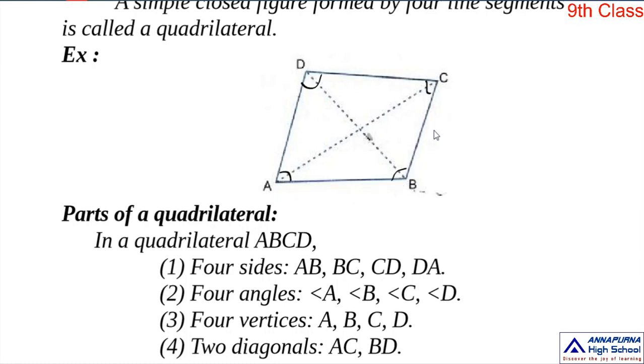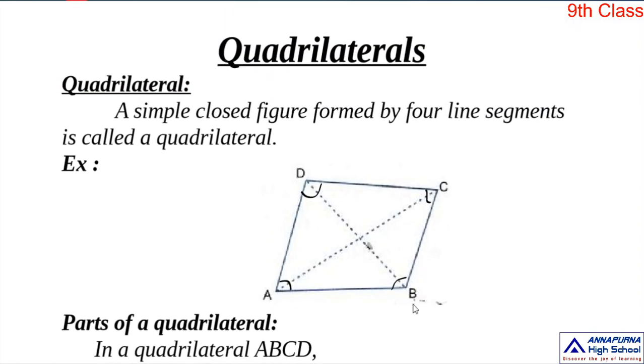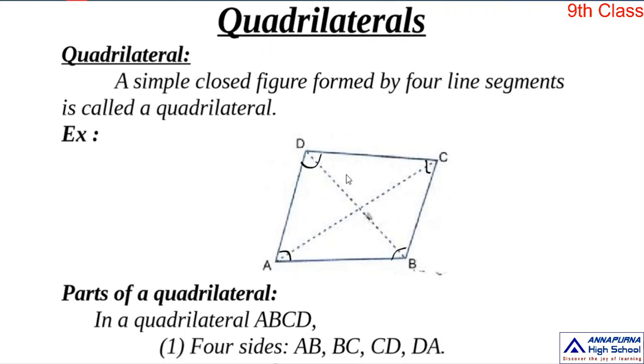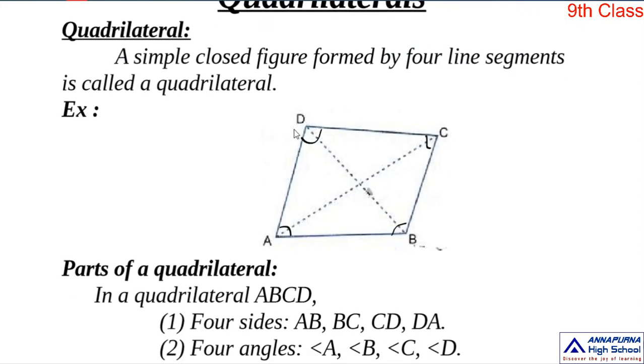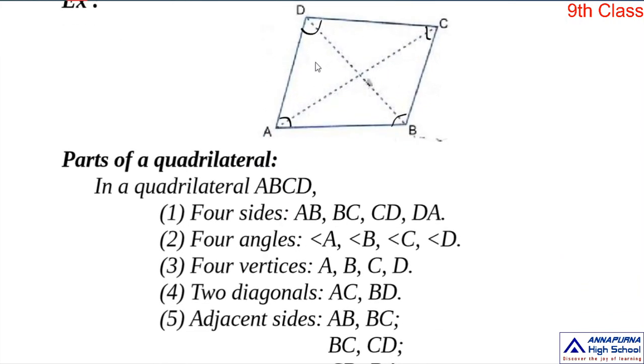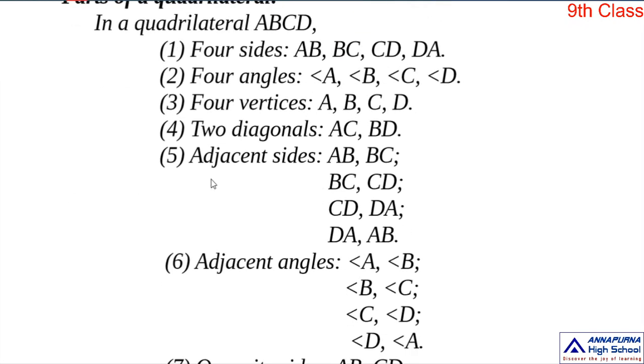Two sides having a common vertex are called adjacent sides. So AB, BC are one pair of adjacent sides. Next, BC, CD, the second pair. CD, DA, the third pair. Next, DA and AB, the fourth pair.